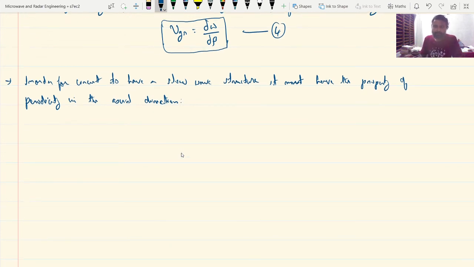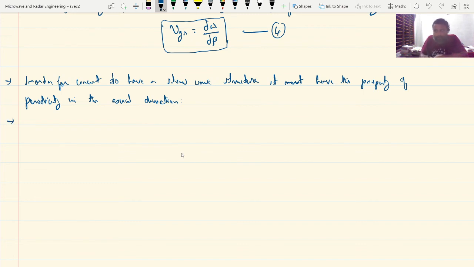So I will write what I told you. In order for the circuit to have a slow wave structure, it must have the property of periodicity in the axial direction.